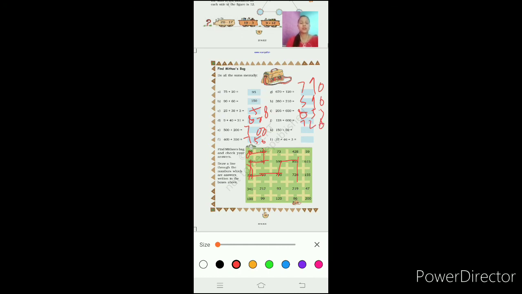So here is 728. 150 plus 69 is 219. Okay, where is 219? Here. Now 37 plus 46 plus 3. 37 plus 3, 40. 40 plus 46 is 86. Okay, so 86. Now it's Mithu's bag.